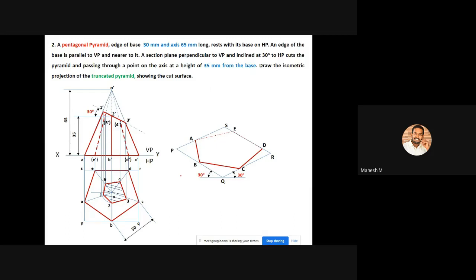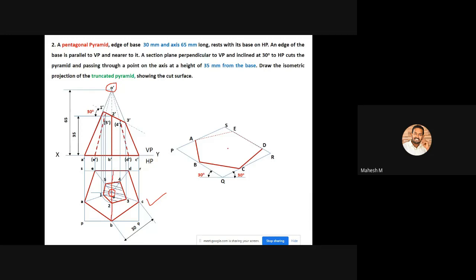Okay, so in this PPT, I am going to create the particular apex point. Initially we have to locate the apex point on this base. We can locate the apex point with the help of our top view. Please try to mark this particular point. This O point is available on the line called B2.